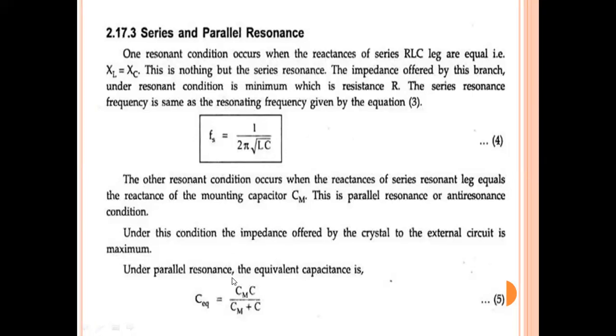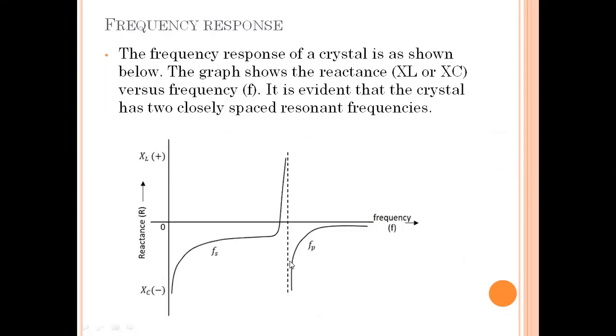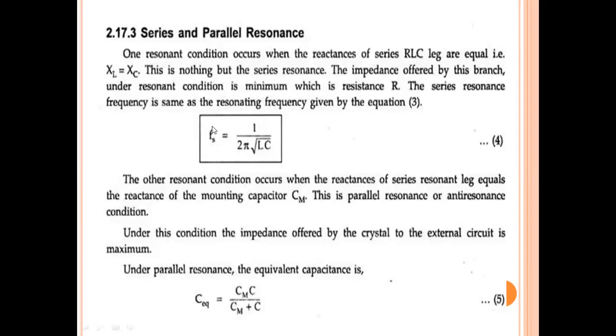And the mathematical expression for the parallel resonant frequency Fp is 1 by 2 pi into root L into C equivalent. Okay, so here we have two types of frequencies, Fs and Fp. One is the series resonant frequency, the second one is the parallel resonant frequency, and these are the mathematical expressions to find the frequencies.